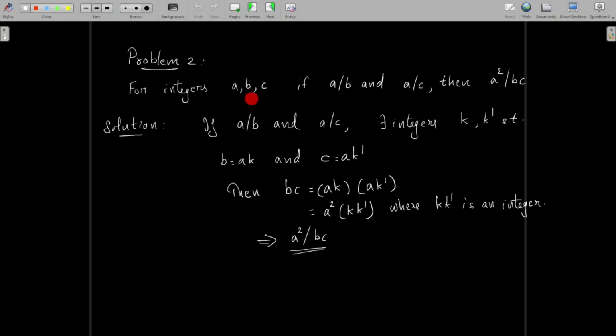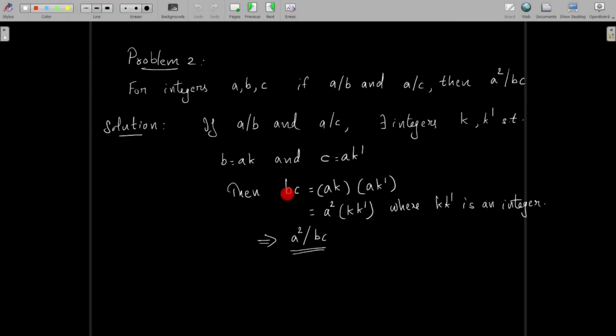Problem 2. For integers A, B, C, if A divides B and A divides C, then A square divides B into C. Assume that A divides B and A divides C. Then there exist integers K and K dash such that B equals AK and C equals AK dash. We have to show that A square divides BC. We start with BC. We have to show that BC equals A square into some integer.